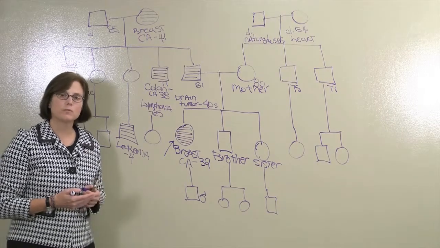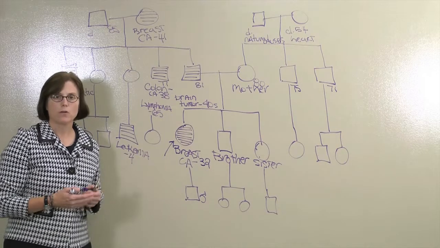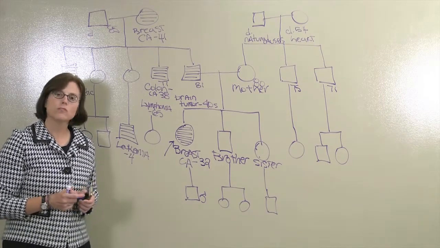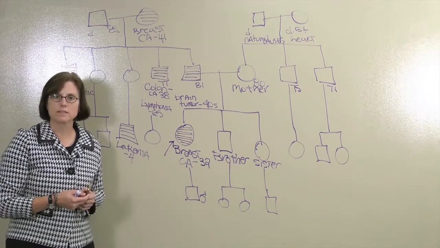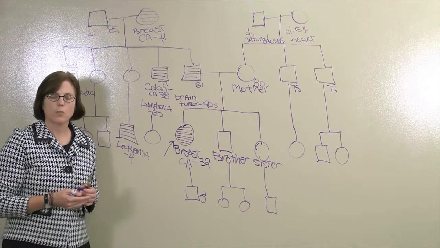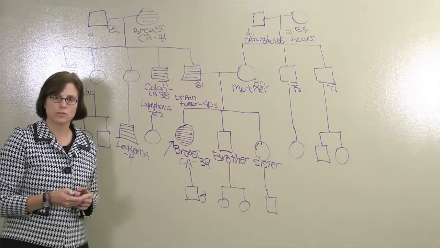Also ask about exposure histories, such as exposure to tobacco, or did that person smoke over a period of time? And don't forget now to ask about genetic testing. Did someone in the family have genetic testing? What specifically were they tested for, and do they know the results?